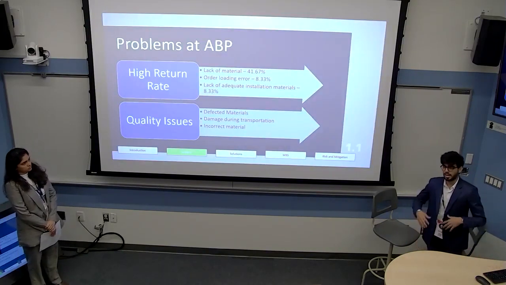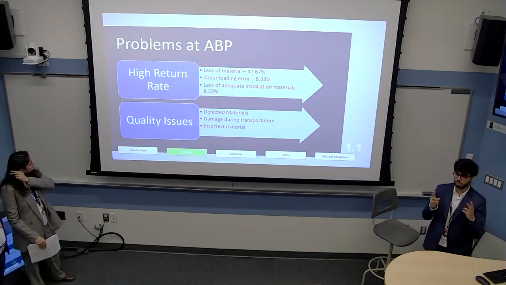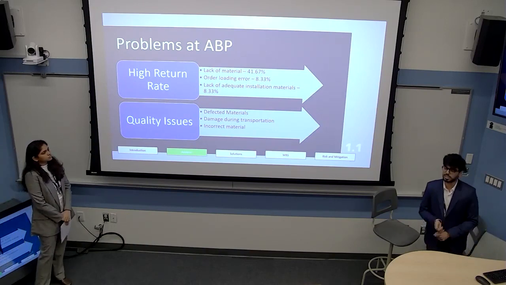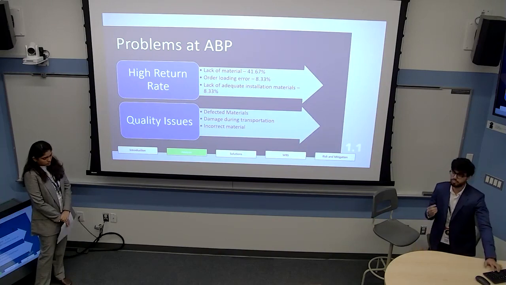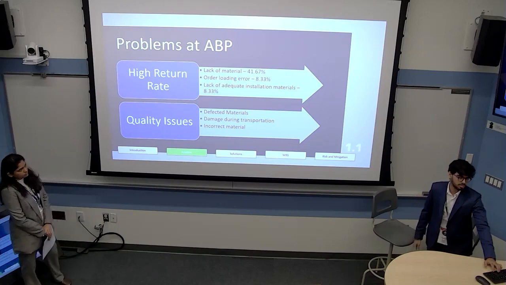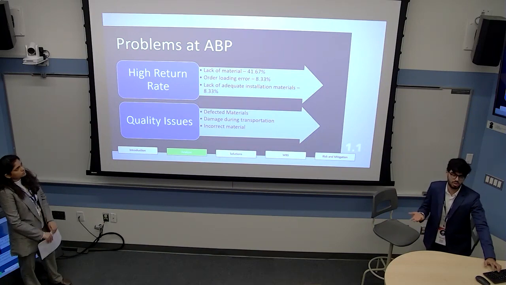So we have analyzed this problem, and we have divided it into 2 major things happening at ABP. The first is a higher return rate, and the 3 major pieces of it are, first, lack of material, which is 41.6%. Now this is a big one, because not having the material on the day of an event means you cannot go ahead with it.